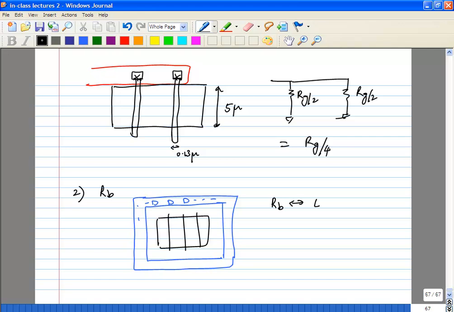The noise from this is 4 kT RB delta F. The noise at the transistor output is 4 kT RB GMBS squared delta F.